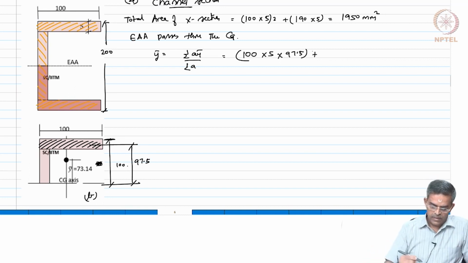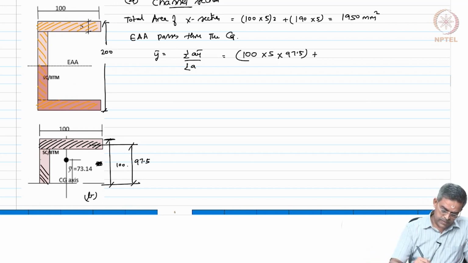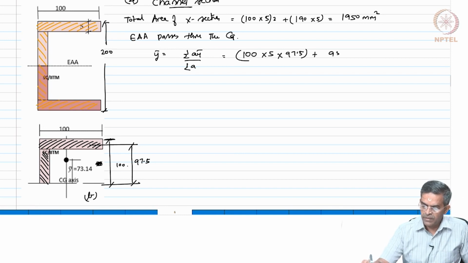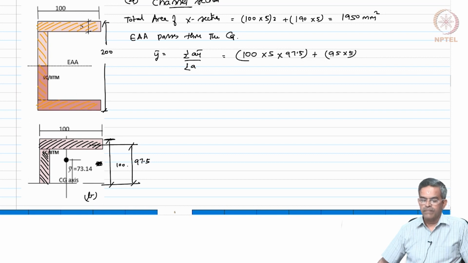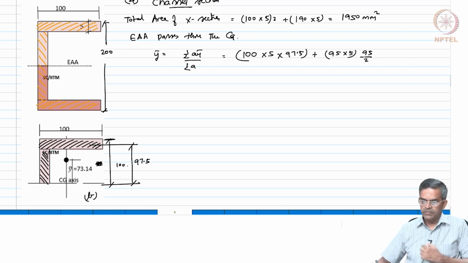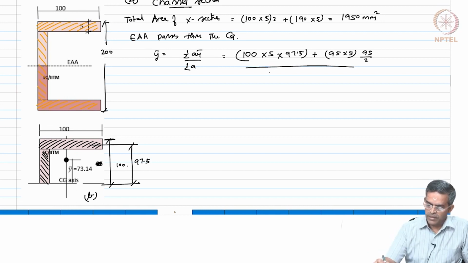plus, then the second piece is this, which is 95 into 5, that is the area of this piece, and CG will be 95 by 2, okay, divided by total area, 100 into 5 plus 95 into 5.